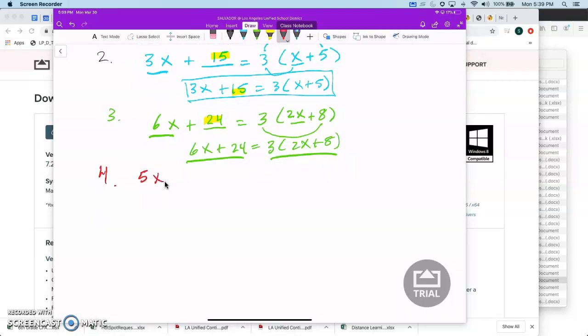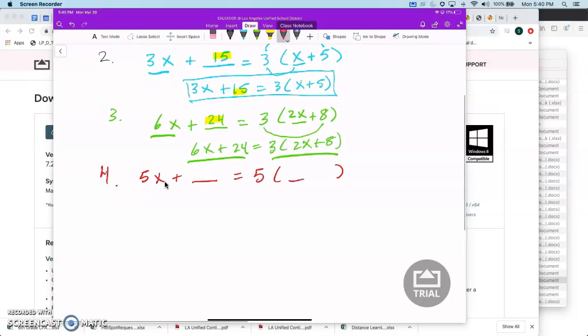We're going to put 5x plus a blank is going to be equal to 5 here, a blank here, plus, let's say, 30 here. No, that's not going to work. Not 30. Sorry. We're going to put 6. So now you know the answer.